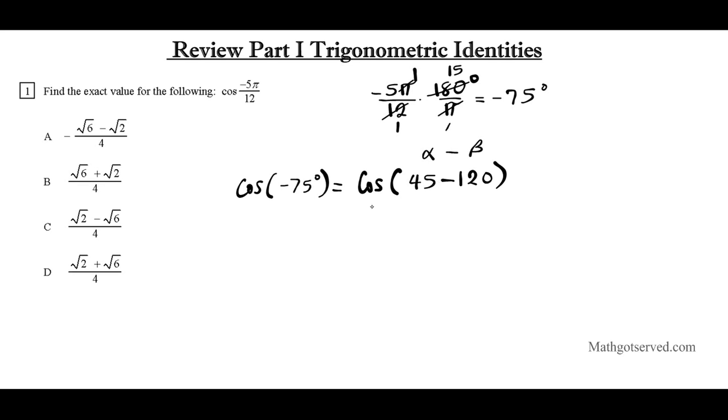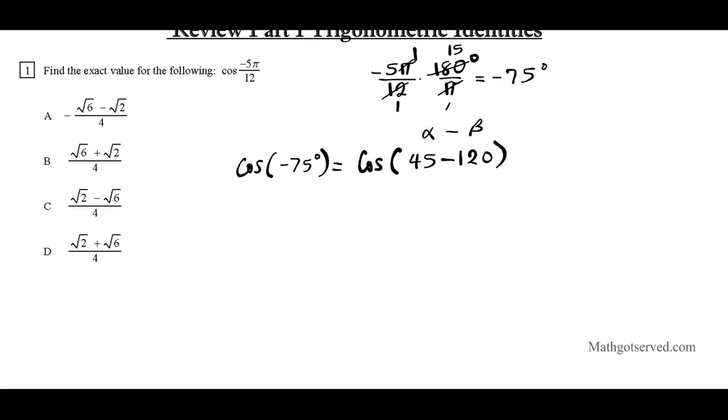So let's go ahead and find out the coordinates of these angles. Well, let's probably do the angle first. So we're looking at cosine alpha minus beta. So using the difference identities for cosine, this is going to be cosine alpha cosine beta plus sine alpha sine beta, okay?